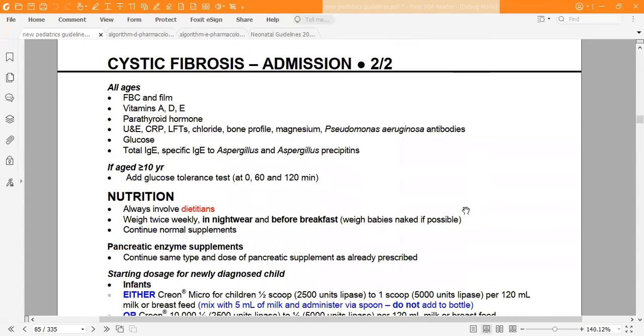Okay, the second page. What are the annual bloods that you are going to take?